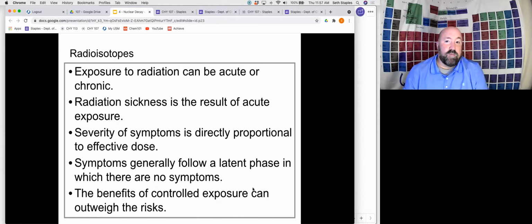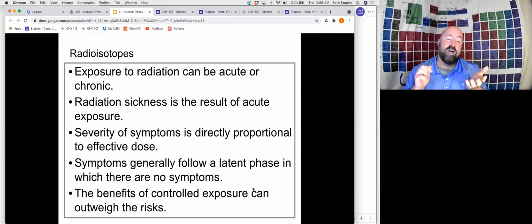Radiation exposure could be either acute or chronic, and so it might be something that's just a little bit harmful, but not real bad for you, that you might get a little bit of radiation sickness from. The severity of symptoms would be directly proportional to the dose that you had. The benefits of controlled exposure can often outweigh the risks.